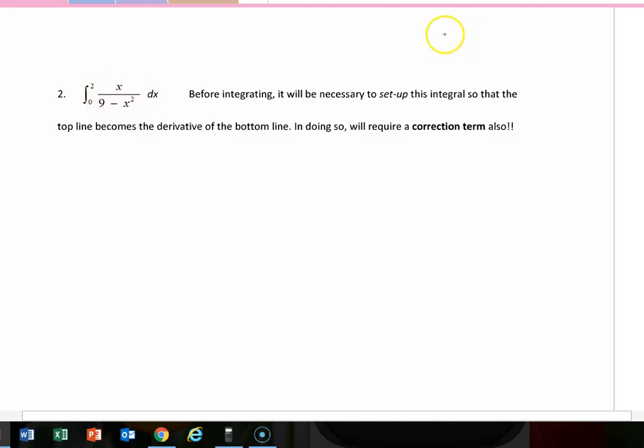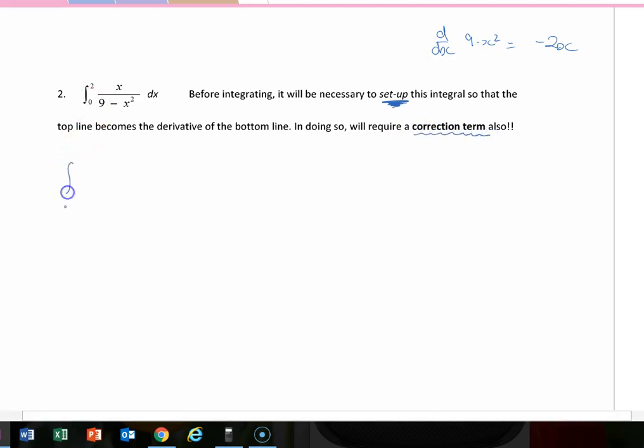However, if we do d dx of the denominator, 9 minus x squared, you get minus 2x. Now that is not what has been placed up here. So what I would say is set up your integral and introduce something more into it. The only number we can introduce into it is 1. And you will see then we have a correction term.